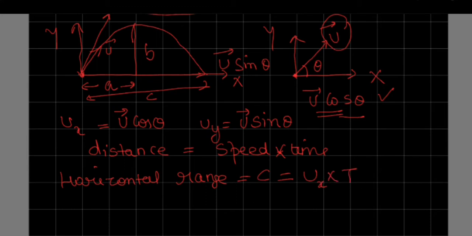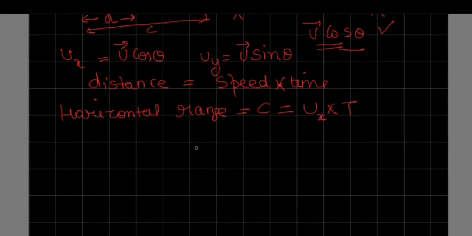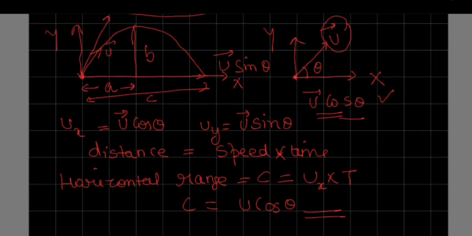Okay, t is your total time, so here c will become u cos theta times the total time. Let me tell you what the total time would be. If you see, let's divide the total time of this particle for this whole parabola into two parts. One is for ascent and another one for descent.